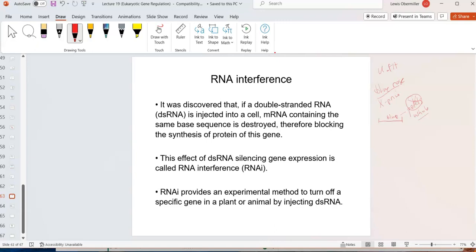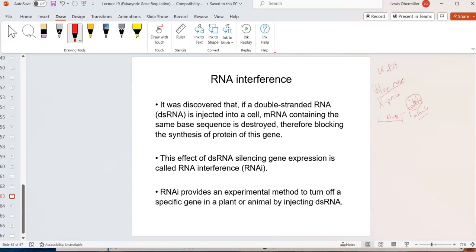So what he was trying to do is insert a blue gene into petunias that have less complex genetics to prove to investors to give him more money to do research so he could make a blue rose.